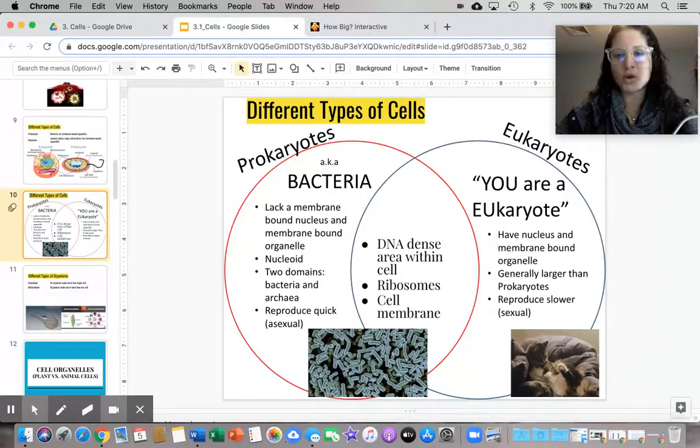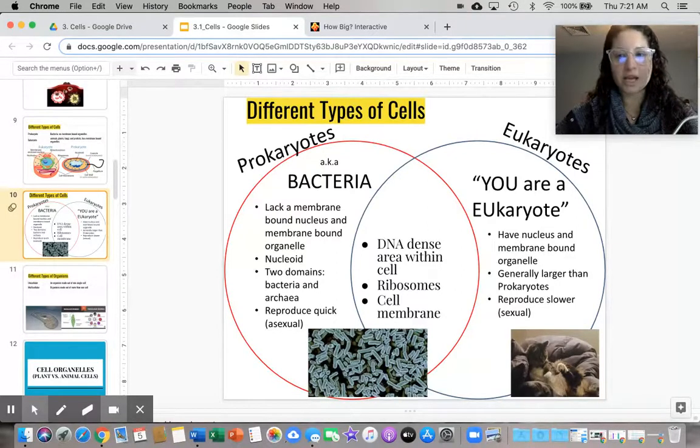Now, like I said, you are a eukaryote. So we are talking about your cells. Eukaryotes have a nucleus, they have membrane-bound organelles. We're going to go into more detail about what an organelle is and all the different types. Eukaryotes are generally larger than prokaryotes because we have more stuff inside of the cell. And what this means is that our cells reproduce a little bit more slowly because there's more stuff.